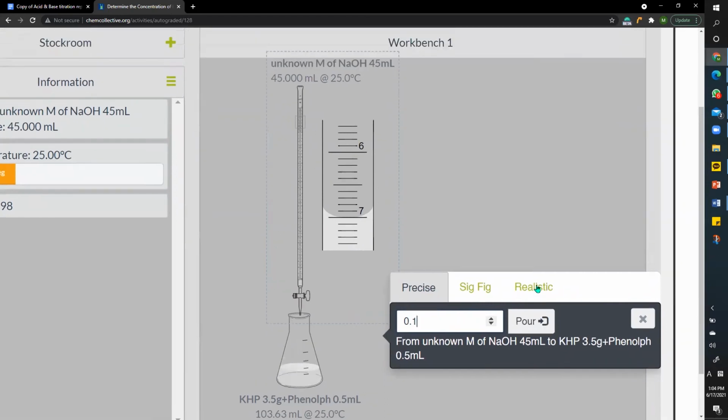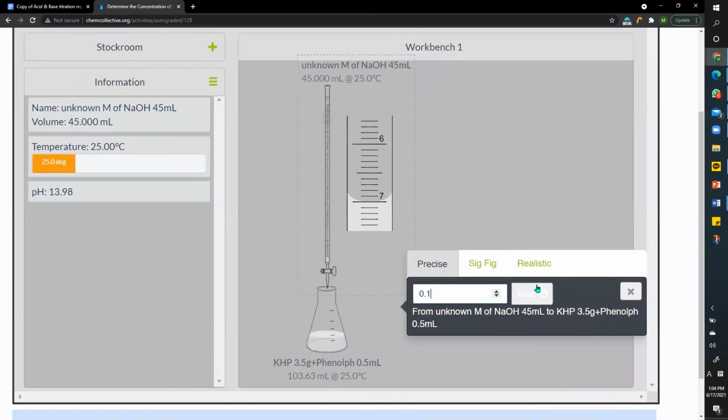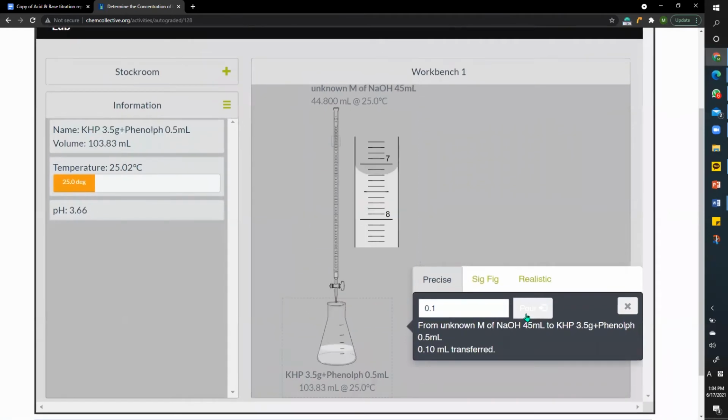And started pouring. I think it might take a long time, but because this is the first time, I should do it individually. Quick. You have to see really carefully that the solution changes color to pink when it reaches the point.